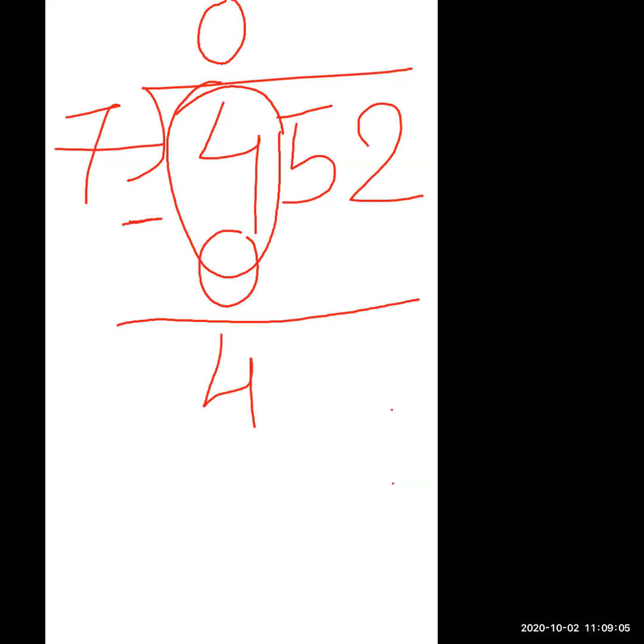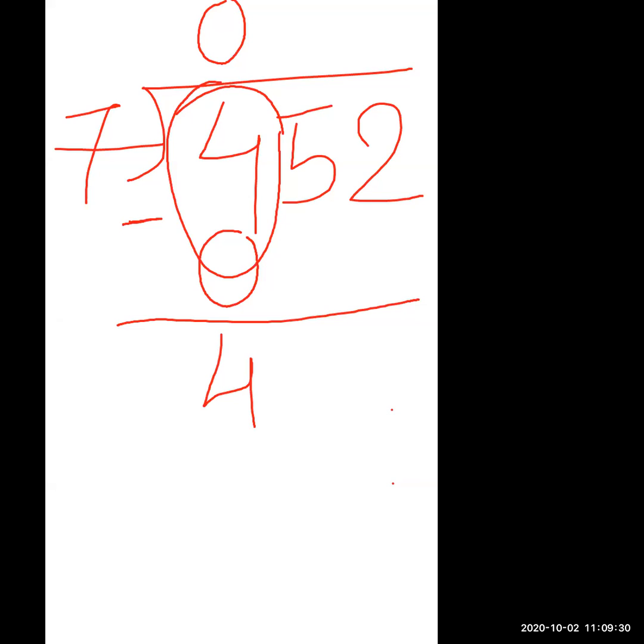Understood? Till here clear? In the table of 7, 4 is not there. So when the divisor is big and the dividend is smaller, at that time you first take 0. So 4 minus 0 is 4.